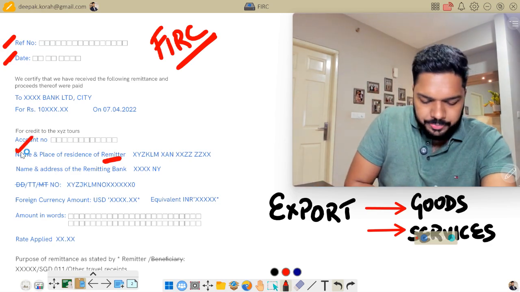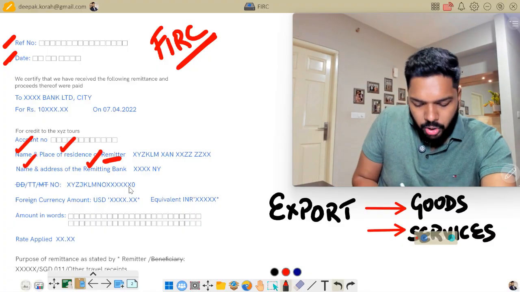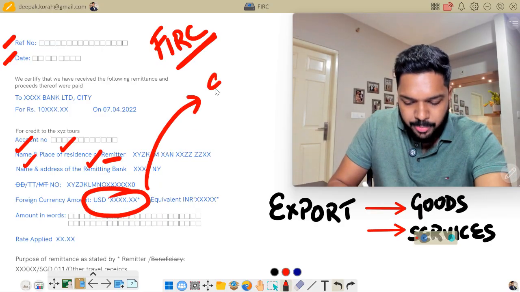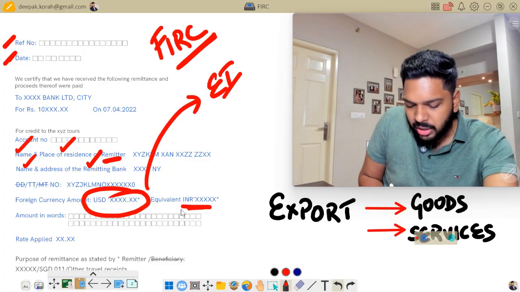So his name, his address, his bank name and bank address. What is the foreign currency that he's sending, which will be as per your export invoice, whether it is goods or services. What is the equivalent INR?